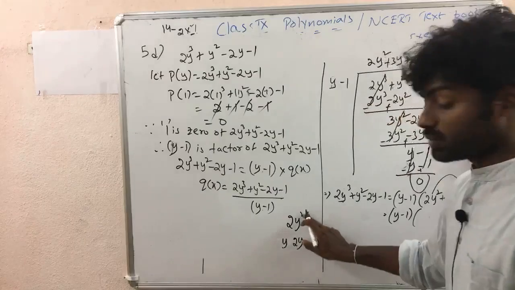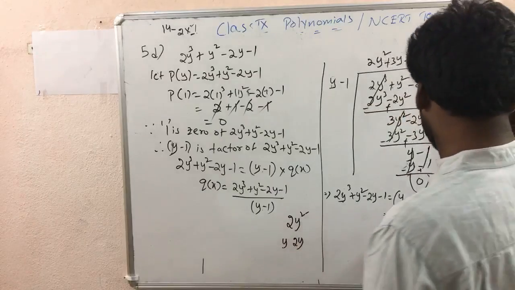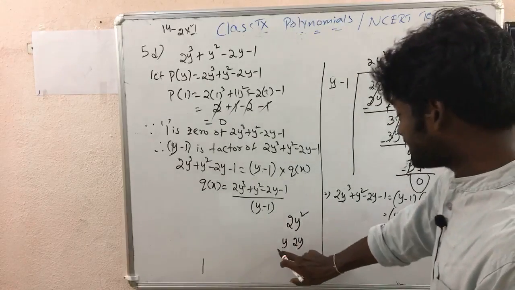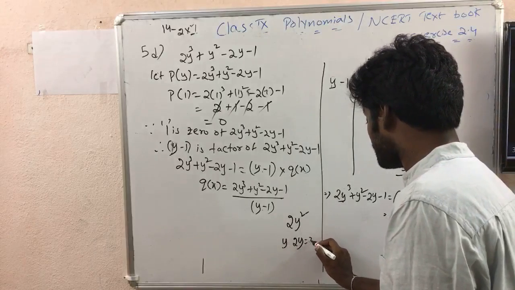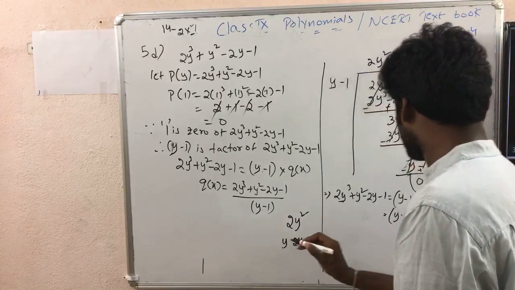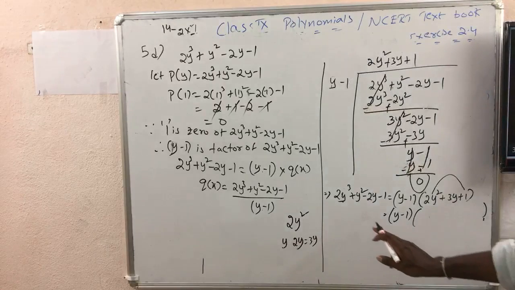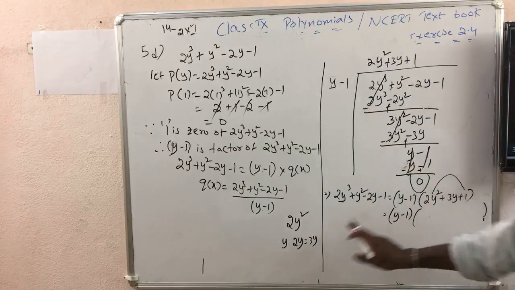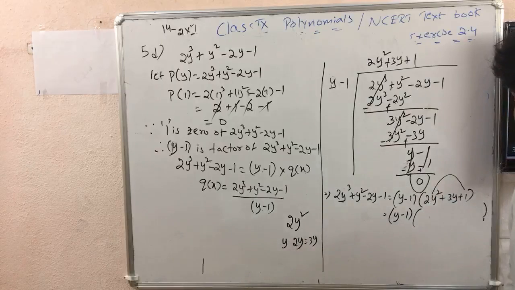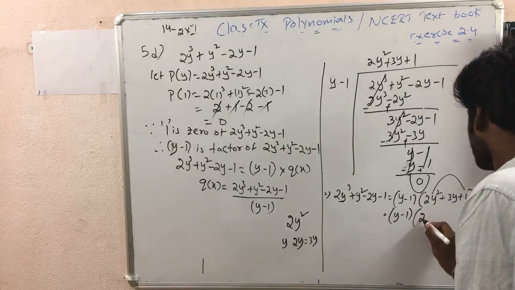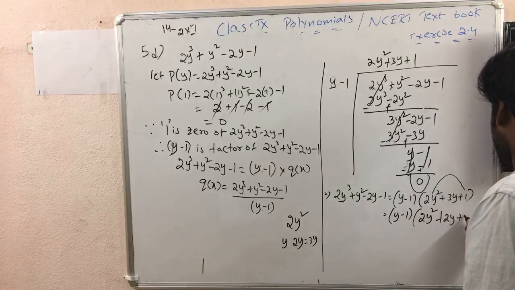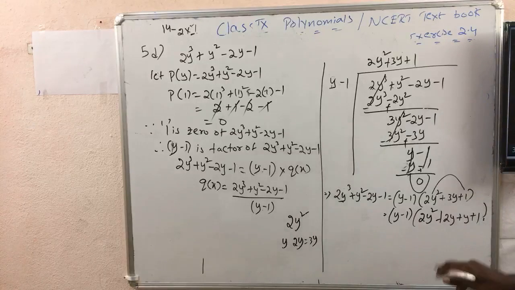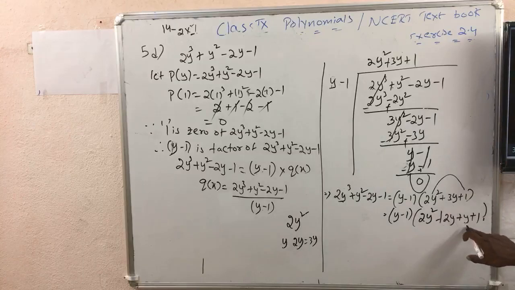Since there is no negative term in the middle term, it is enough to take 1 plus 2, you will get 3, that means 3y, y plus 2y, you will get 3y, that is the middle term. So I can split 3y as y and 2y. So 2y square plus 2y plus y plus 1.